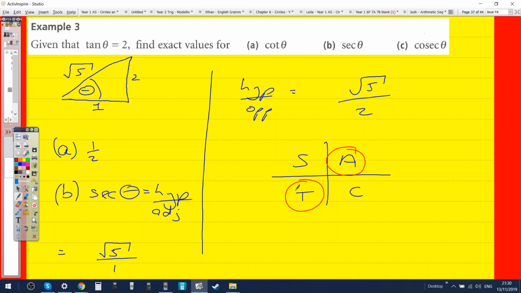Imagine we're in the third quadrant, the tan quadrant. What would cos be for that one? Yes, and so we'd have to say it's plus or minus, because we don't know which quadrant it's in.